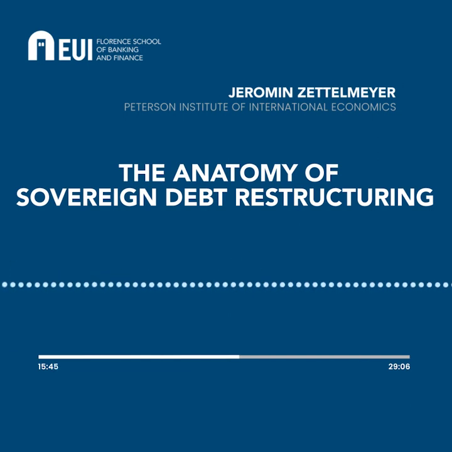And the answer that he and Mitu Gulati, who is also part of our team, suggested in an article several years before the restructuring, in May 2010, was to exploit the fact that most Greek debt was issued under local law. And that basically allowed the legislature, the Greek parliament, to change the terms under which this debt had been issued retroactively.